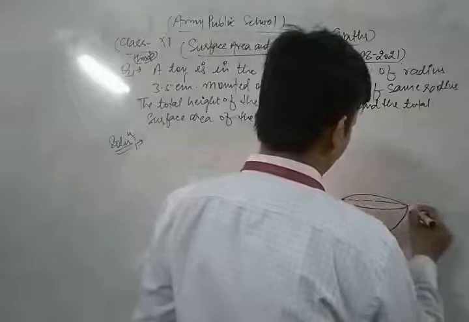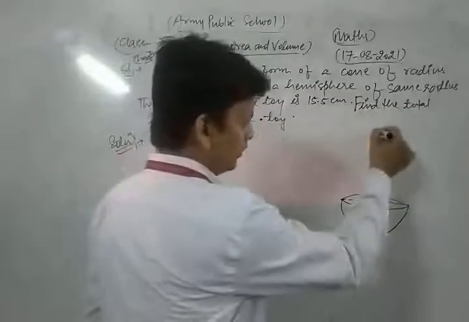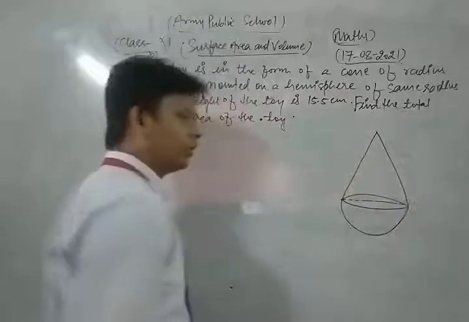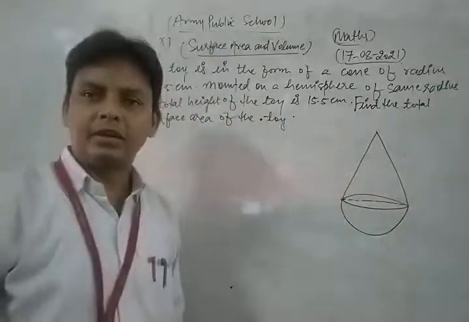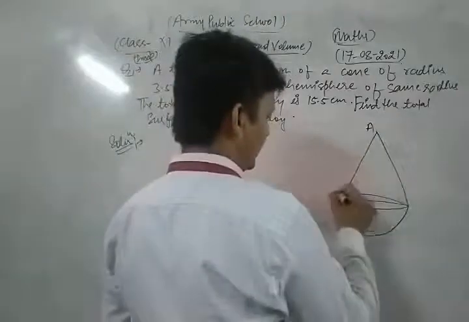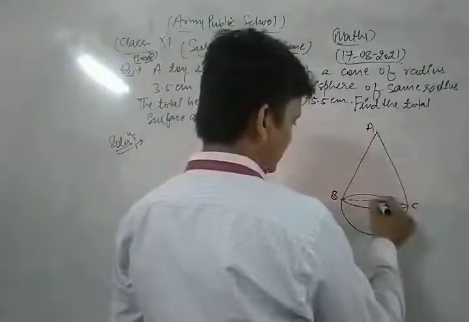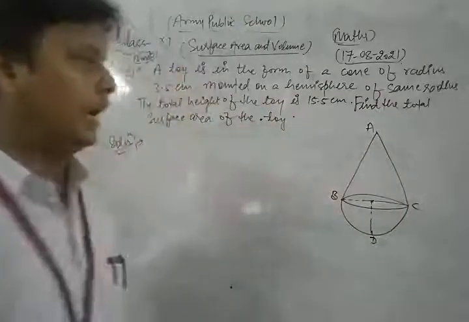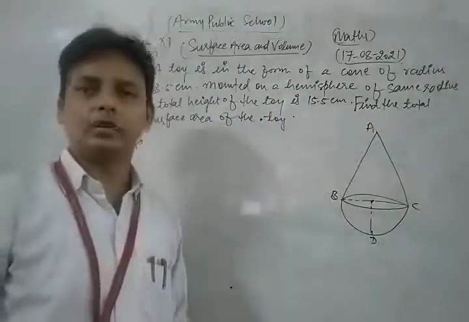This is a hemisphere and a cone above it. Let us take this toy as A, B, C, and this is point D.